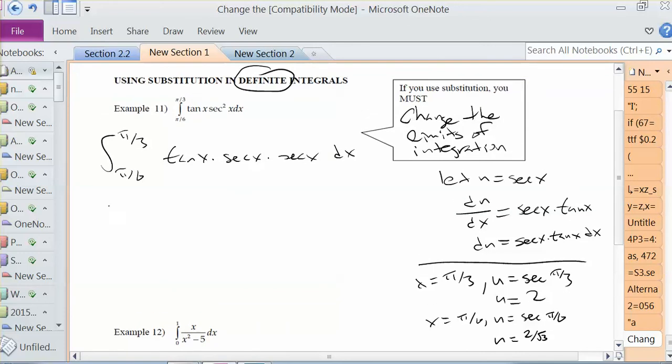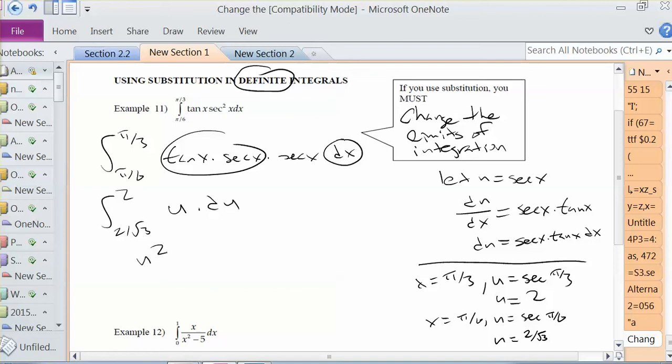So, when I rewrite this, I'm now integrating from 2 over root 3 to 2, and those right there is going to be du, and of course secant x is u, so just u times du. And take the antiderivative of u, just u squared over 2. We're putting in 2 over root 3 and 2.